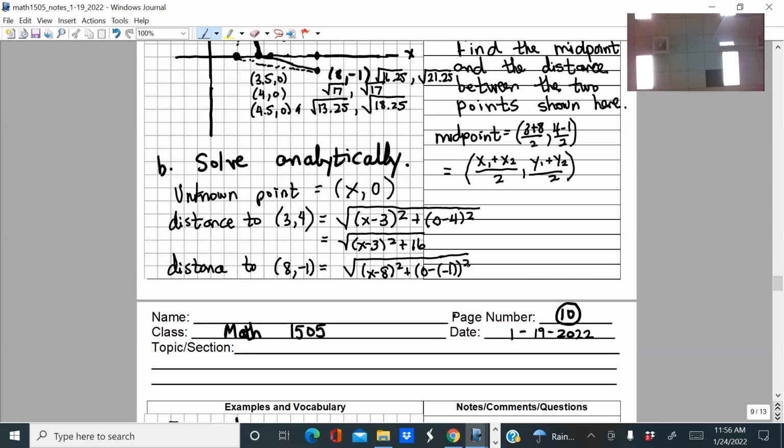Take the difference in the y coordinates. So 0 minus a minus 1 squared, right? And so that is the square root of x minus 8 squared plus, that looks like 0 minus a minus 1 is 0 plus 1 squared. Well, that's 1, right?